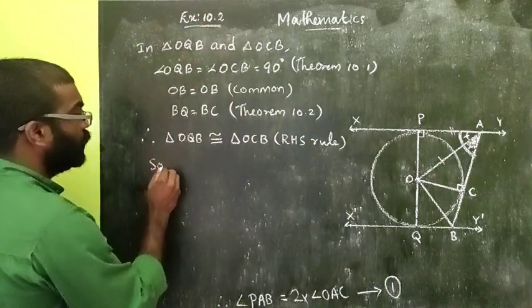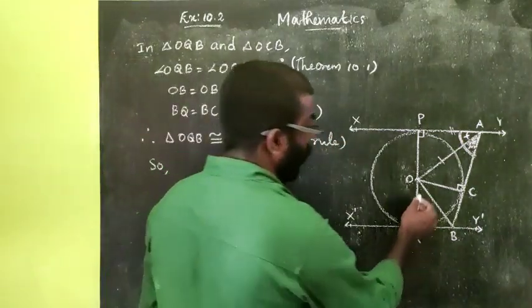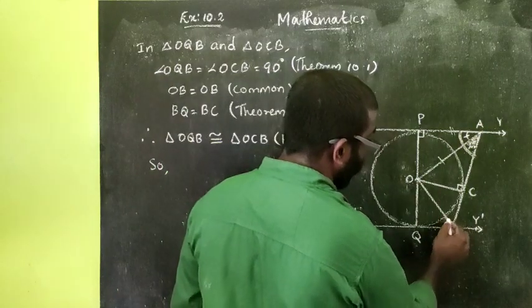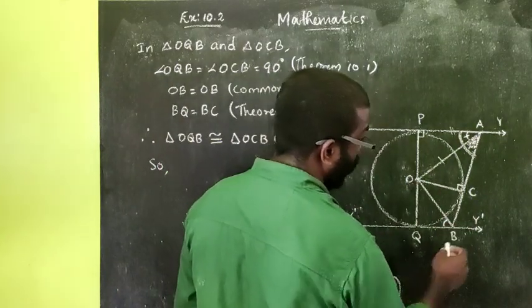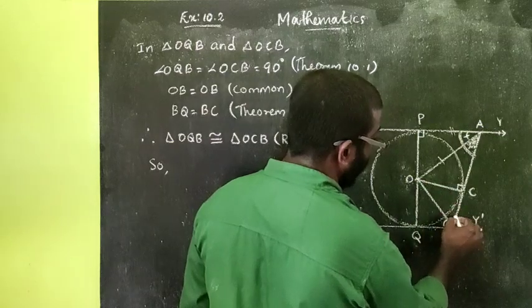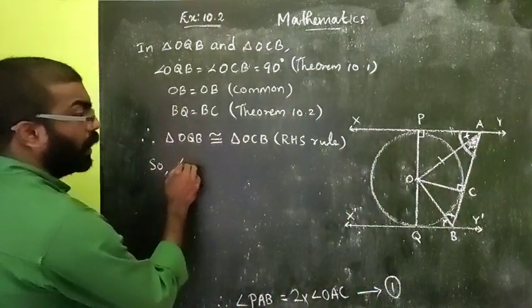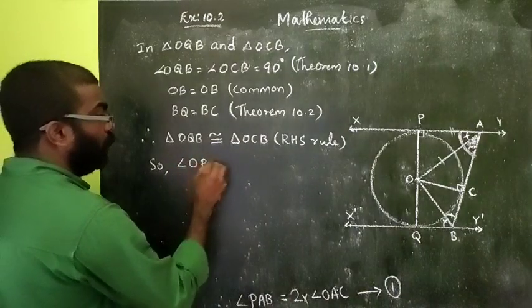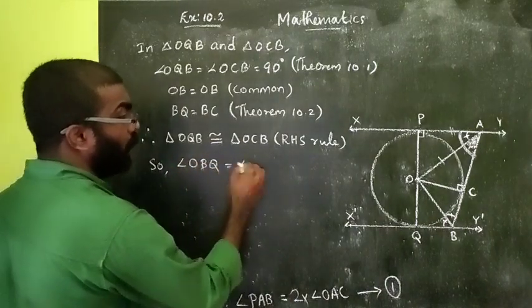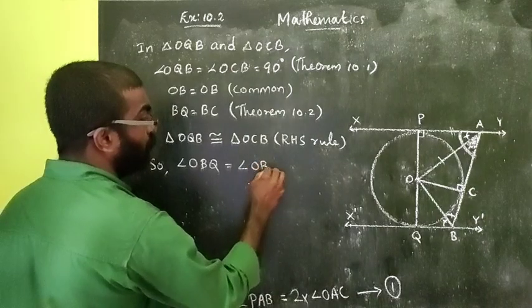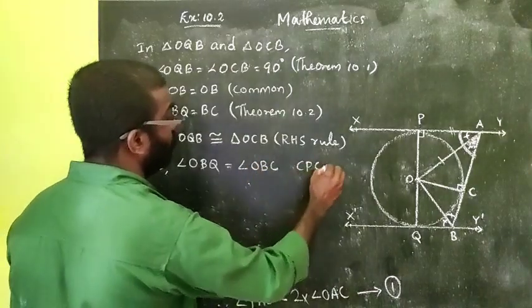So as in the first case, we can conclude angle OBQ will be equal to angle OBC. These two angles are equal, CPCT.